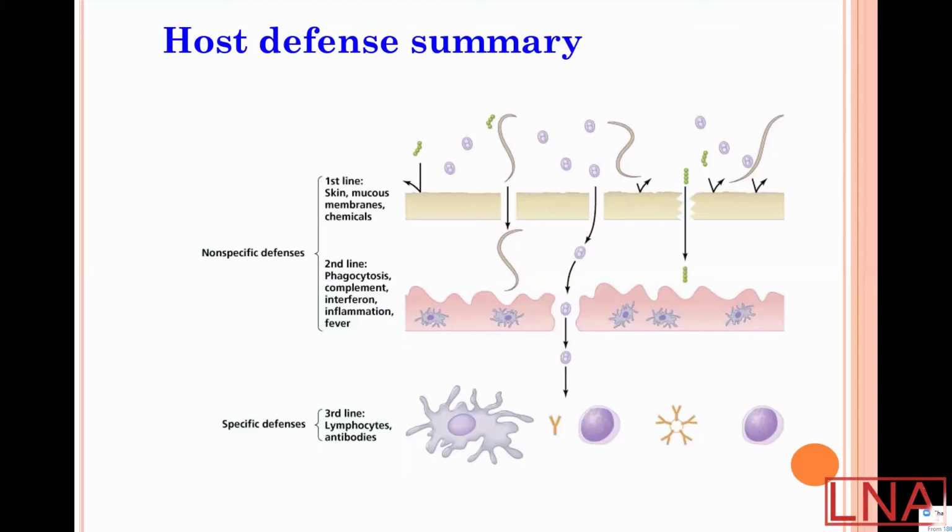Here, the second line of defense could stop the infection. For example, phagocytosis, complement, which you remember is a group of proteins, interferons, the inflammation process, and even fever could stop the infection. Third, and we would say it's specific, lymphocytes, which also can produce antibodies.